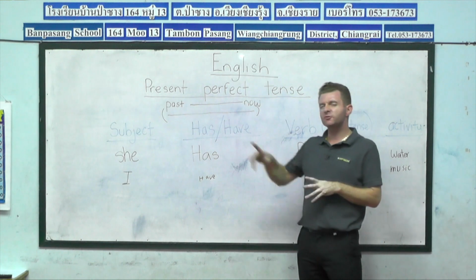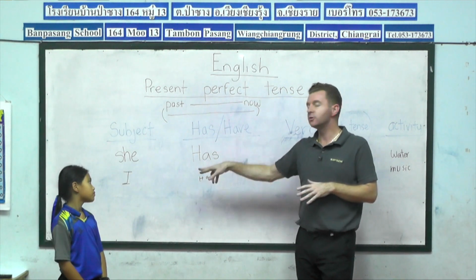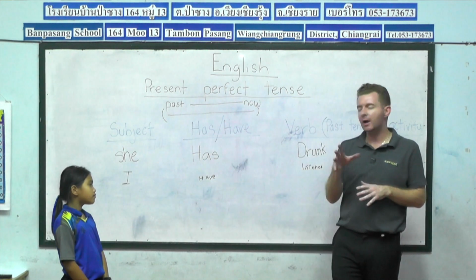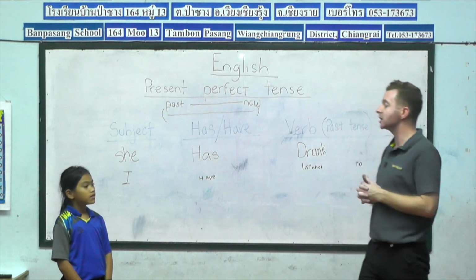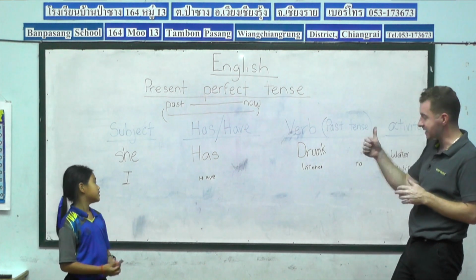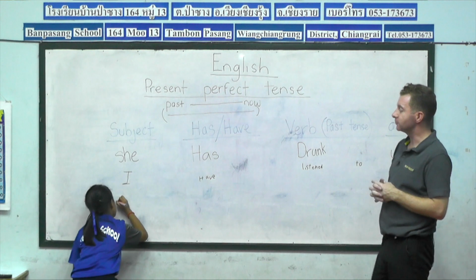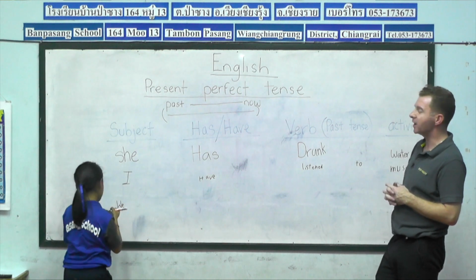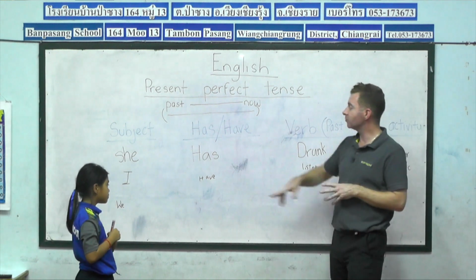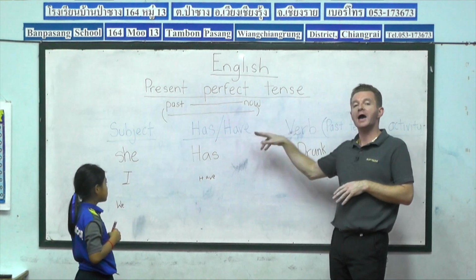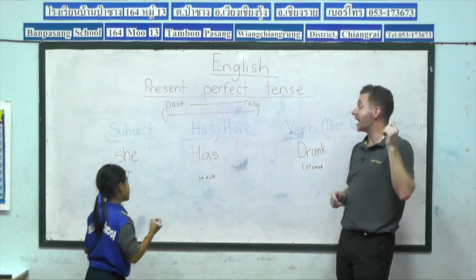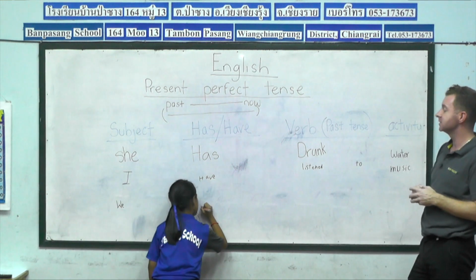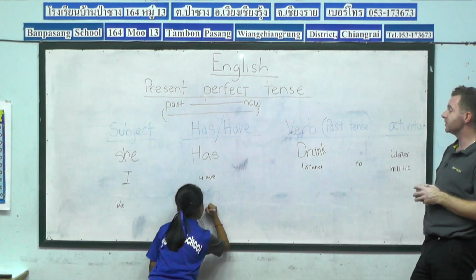Now we've used the subject she, we've used the subject I. Now can we think of a different subject that we can use? We. Excellent, Pak Bung. So we can say we, W-E. But if we say the subject we, do we say has or have? We have. Excellent, guys. H-A-V-E.